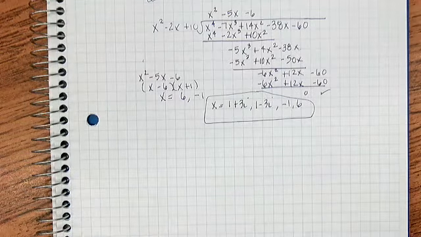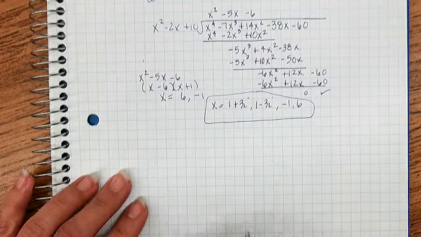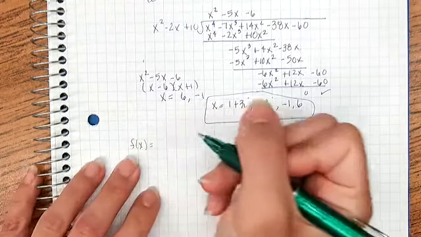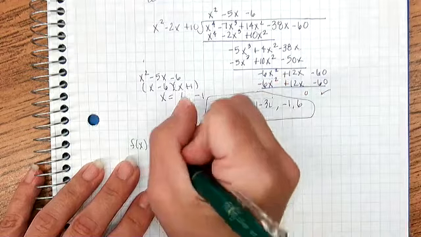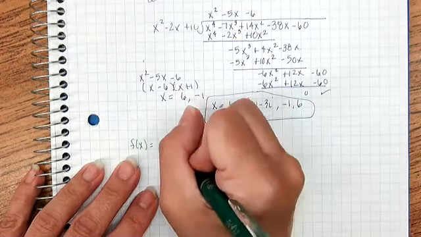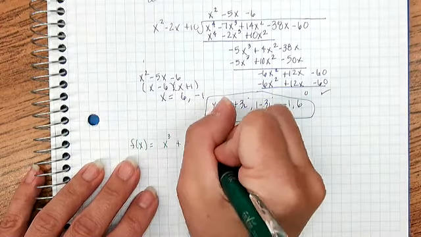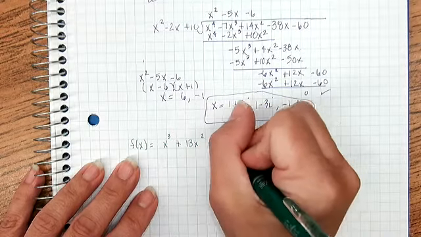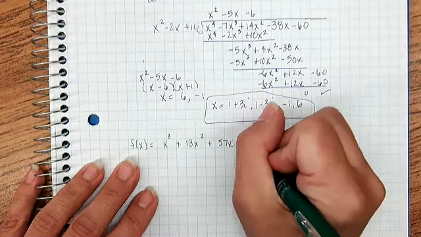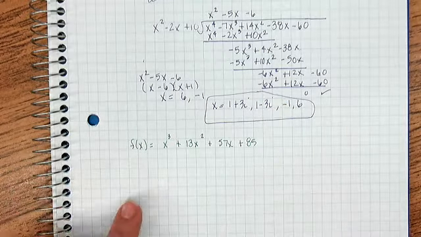In this next problem, I'm just going to ask you to solve it, which is what you've been doing. And then I'm also going to ask you to write in factored form. X cubed plus 13x squared plus 57x plus 85. It is a cubic.